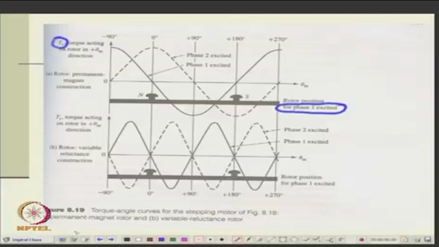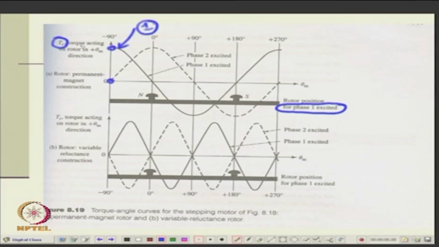Sinusoidal. So, now if phase 1 is excited, and you know that at 0 degrees it will experience the maximum torque. It is at 90 degrees with the magnetic axis.